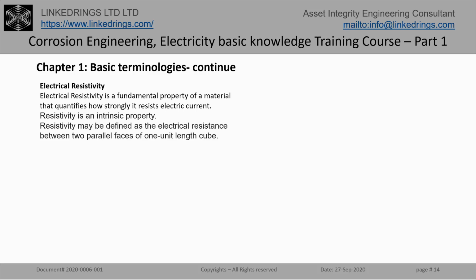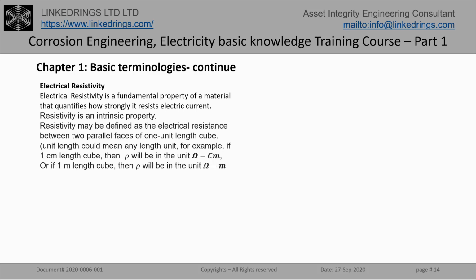Resistivity may be defined as the electrical resistance between two parallel faces of a 1 unit length cube. So for a 1 unit length cube, the electrical resistance between side A and side B is defined as the resistivity. We say 1 unit length because it can be, for example, 1 centimeter or 1 meter. If it is 1 centimeter, then the electrical resistivity will be ohm centimeter. If it is 1 meter, then the electrical resistivity will be ohm meters.